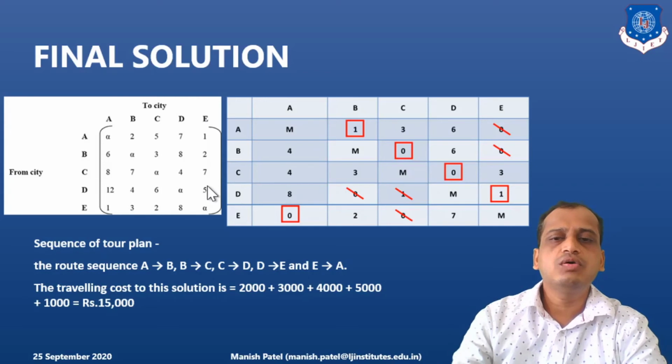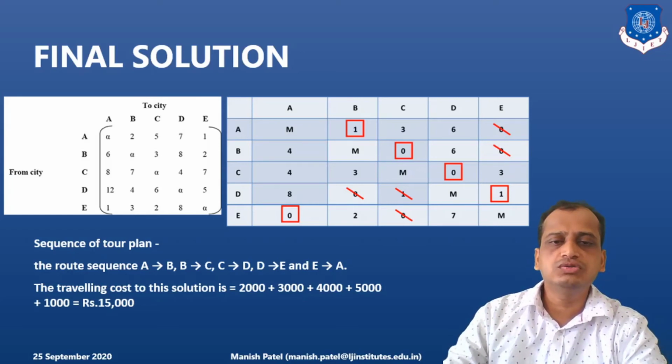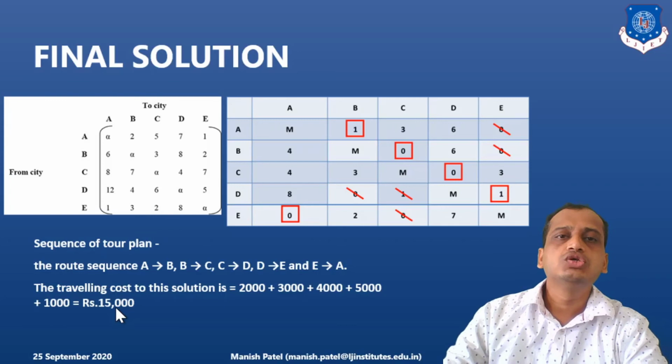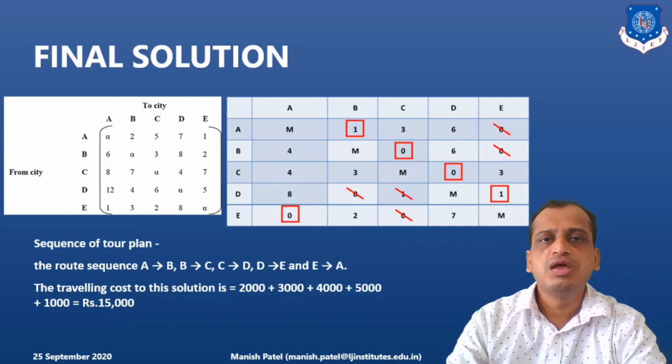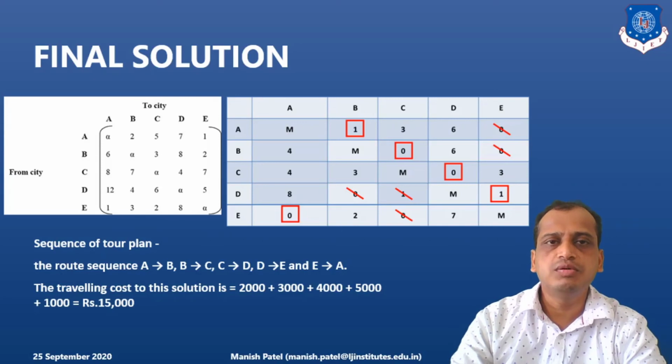So I will accordingly multiply with 1000. So 2000 plus 3000 plus 4000 plus 5000. And also this 1000 as well. Where did it come from? From E to A, this assignment. So 1000 rupees there as well. So rupees 15,000 is the minimum traveling cost based on this traveling salesman problem.